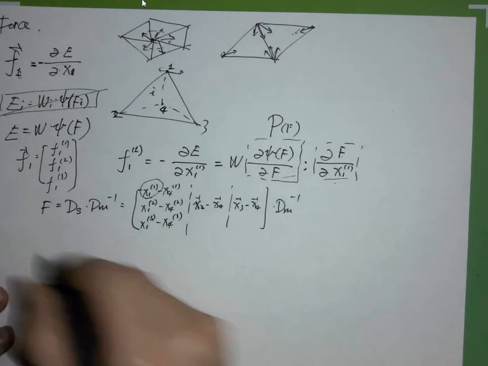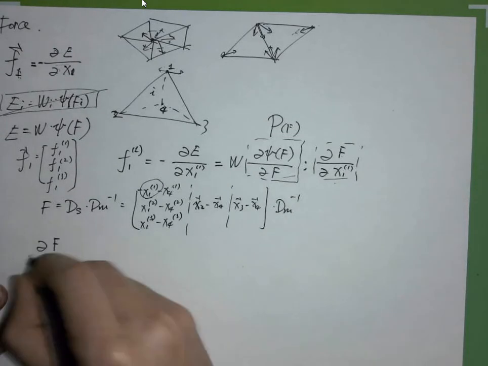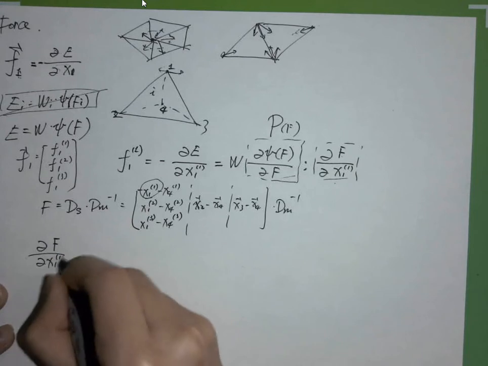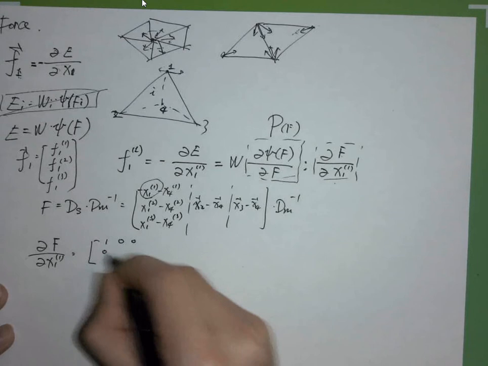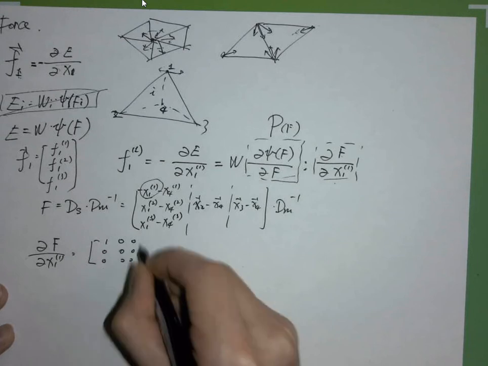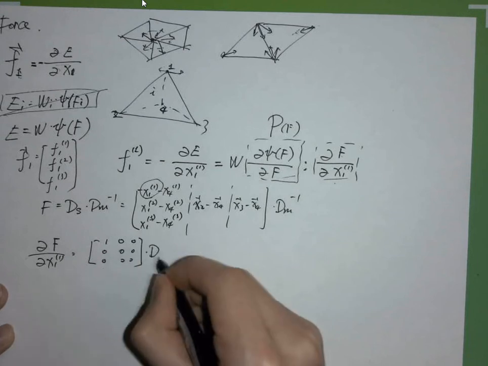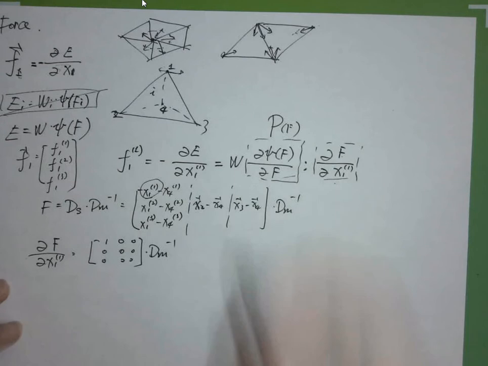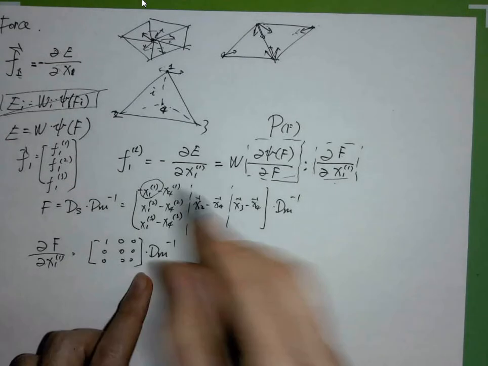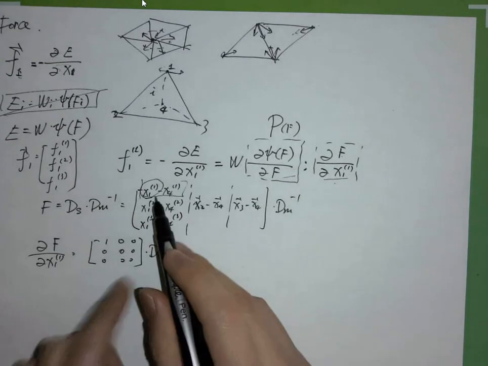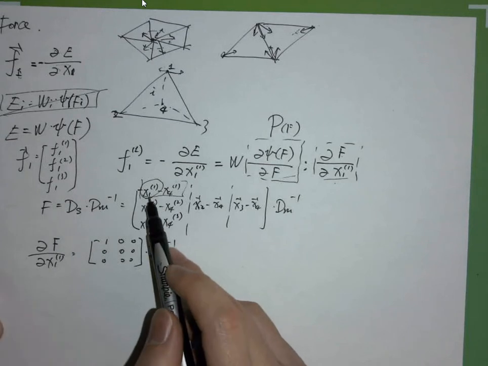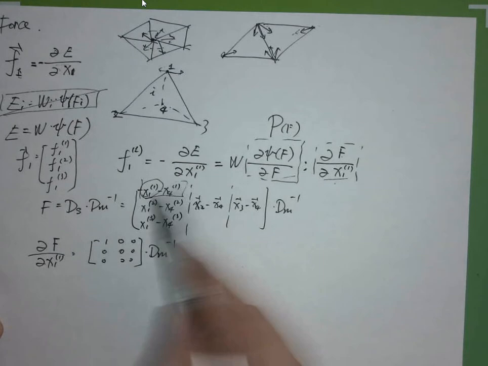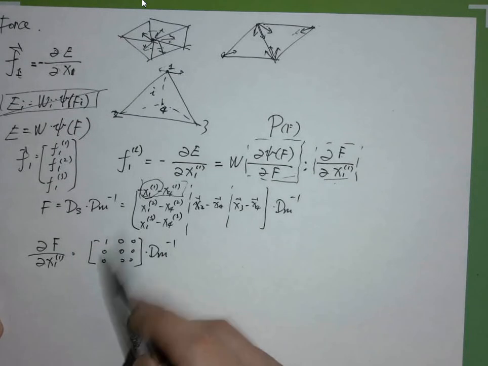That means that df/dx11 is simply 1 0 0 0 0 0 0 0 0 multiplied by Dm inverse, because only the first element is affected by x11, and the ratio it affects is a linear component. So once after taking the derivative, it becomes 1.